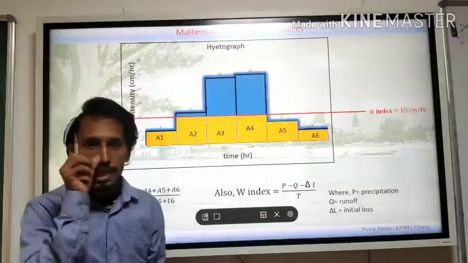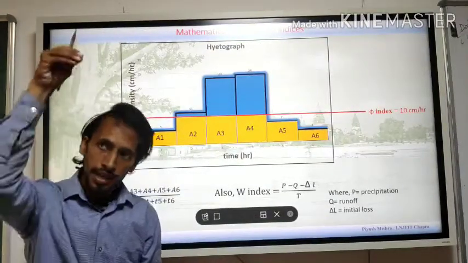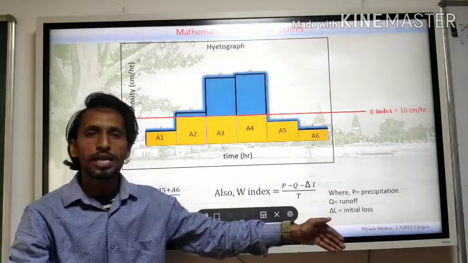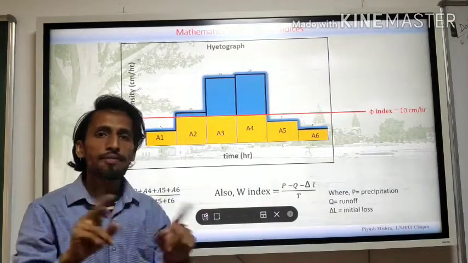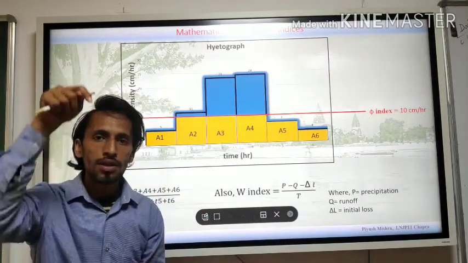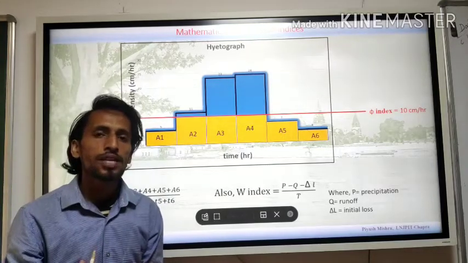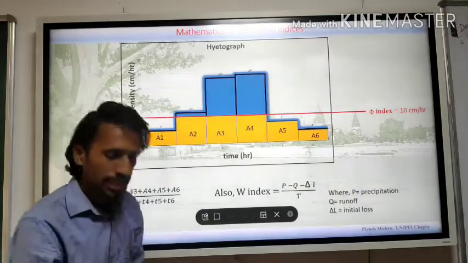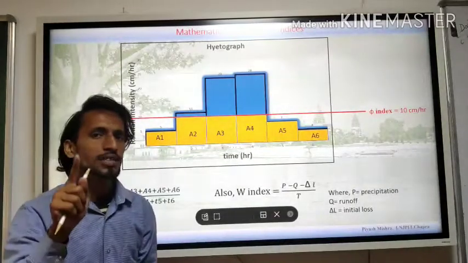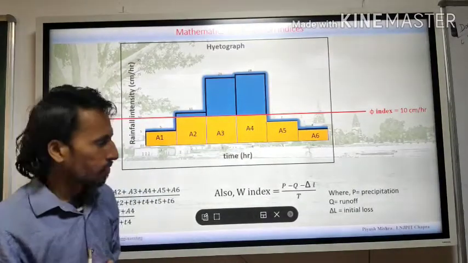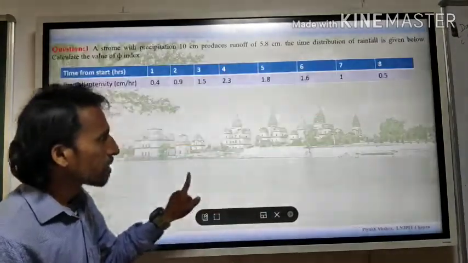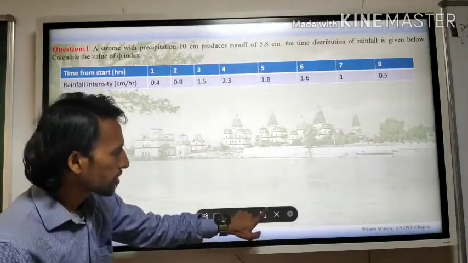If some water is coming onto the earth's surface and some water is flowing off, if you take the difference of them, you get the water that is going inside the earth, which is your infiltrated water. It is the same thing. So let's try to solve this.